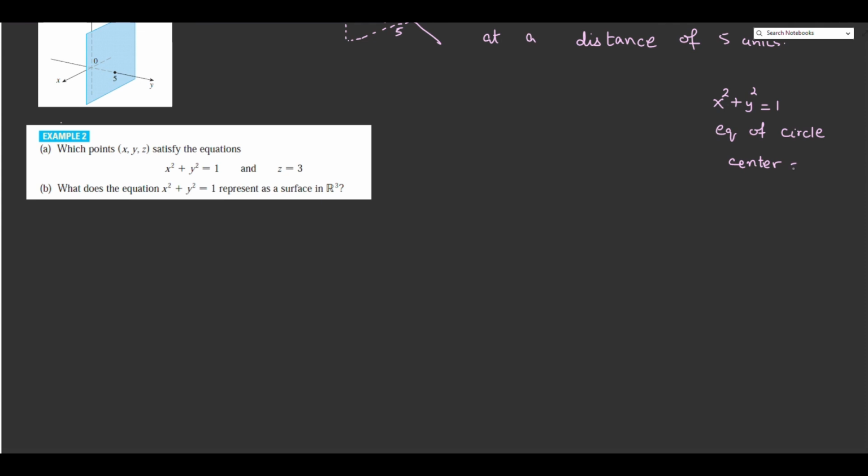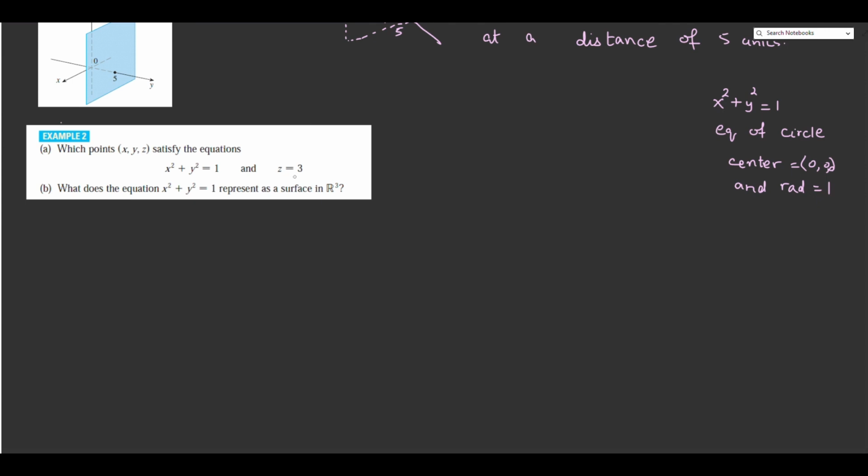Its center is the origin, 0 0, but here we are in 3D, so you have to write 0 0 0, and its radius is equal to 1.